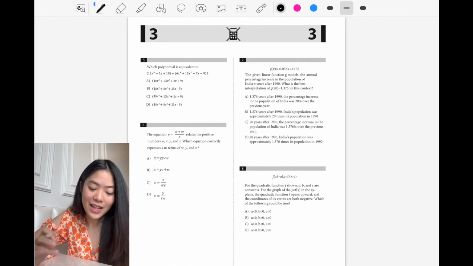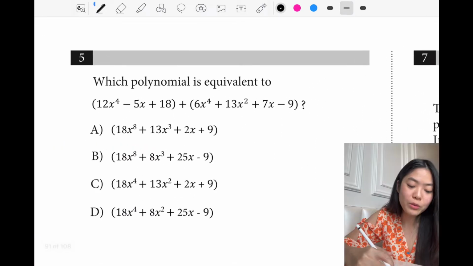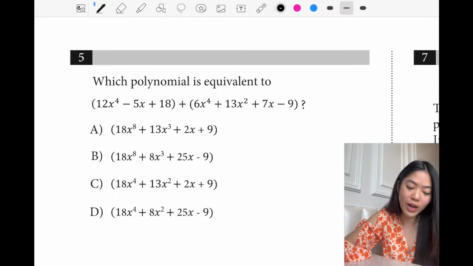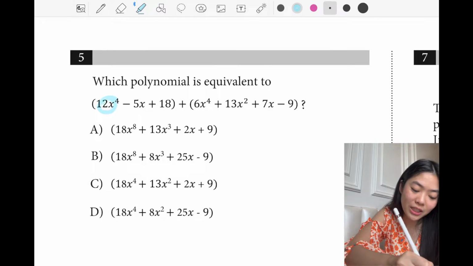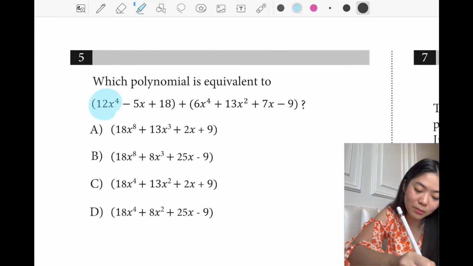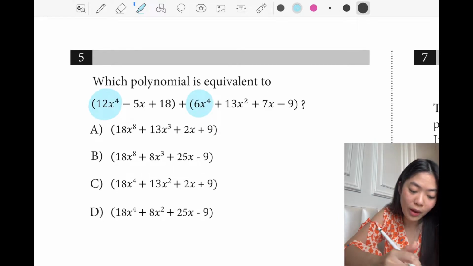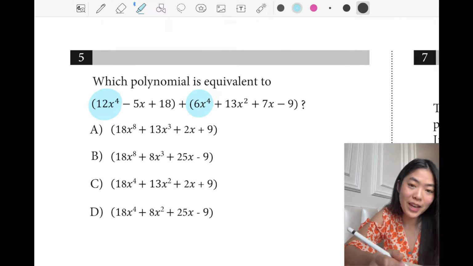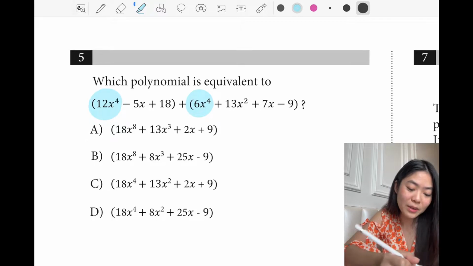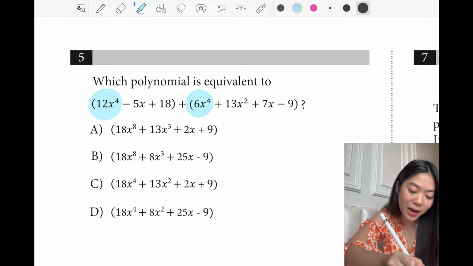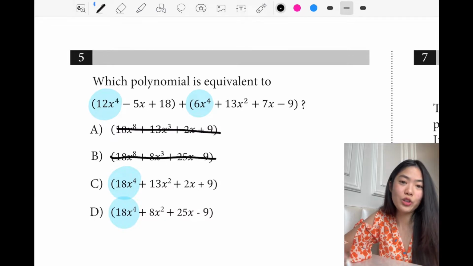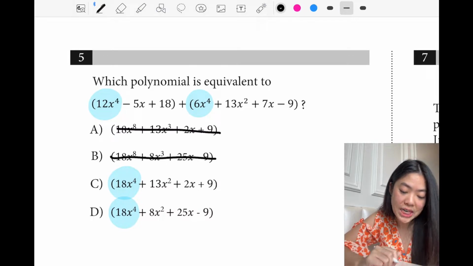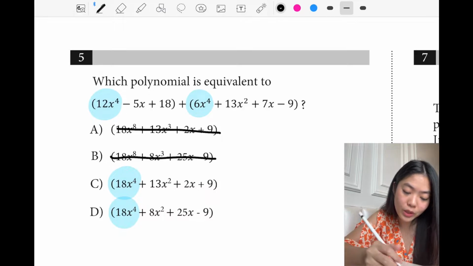Okay. Next, question 5. Which polynomial is equivalent to this? So in this type of question, what we're going to do is try to match the like terms and add up the like terms. So from here, 12x^4 added with 6x^4 is going to be 18x^4. So we can cross out choices A and B. For C and D, what can we do?